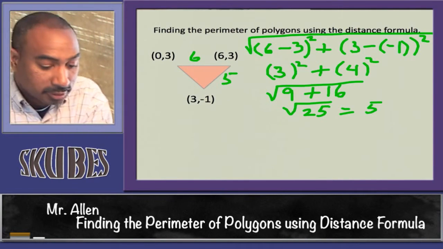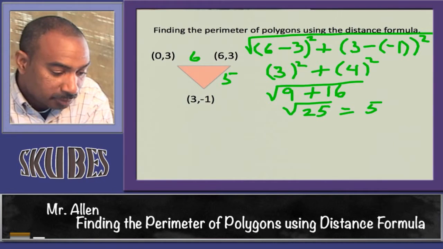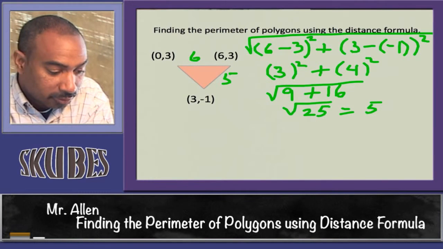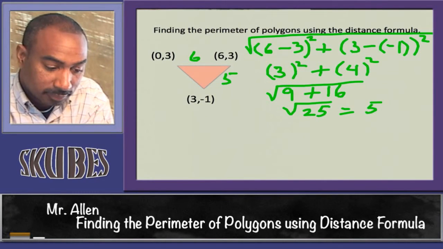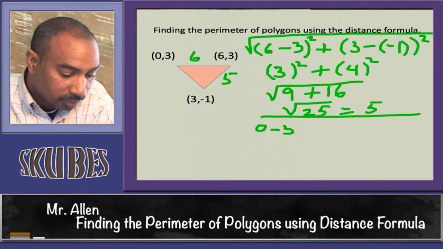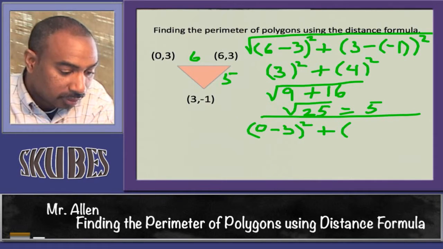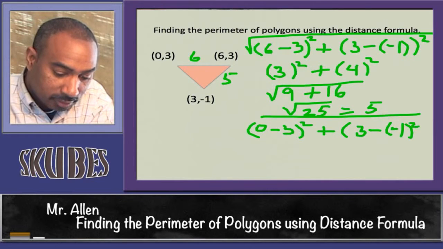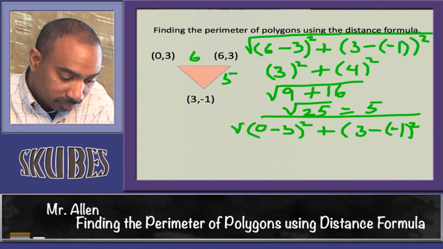We have to get one more distance, and that's between this point (0, 3) and (3, -1). So we're going to say 0 minus 3 squared plus 3 minus negative 1 squared, all over the square root.